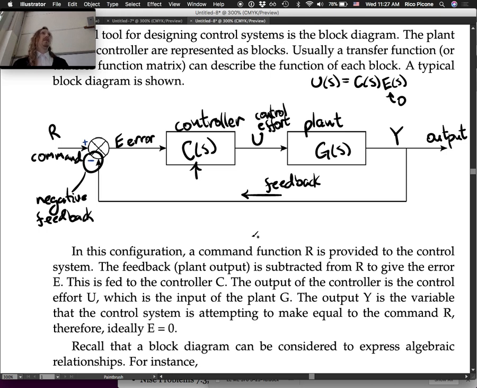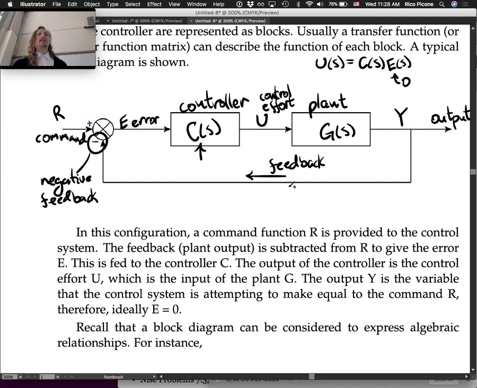And it's really common to use this. Control systems is all about block diagrams. This is the way people represent things in control systems. So you have to buy into these, but this is the main one that we use. This is the fundamental one. We build off this going forward.